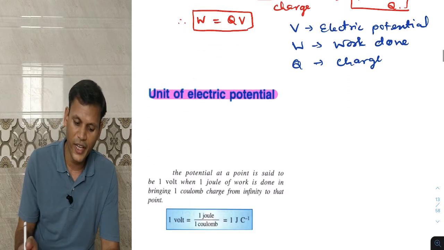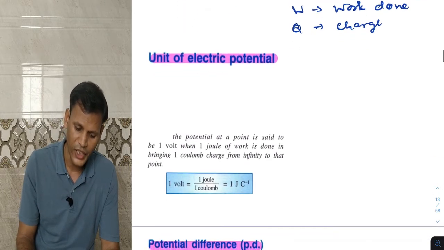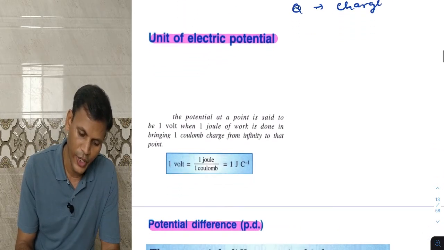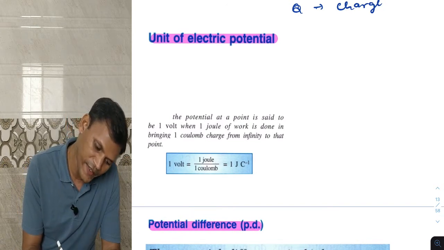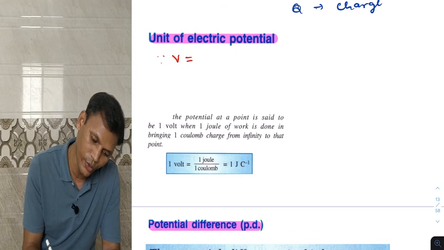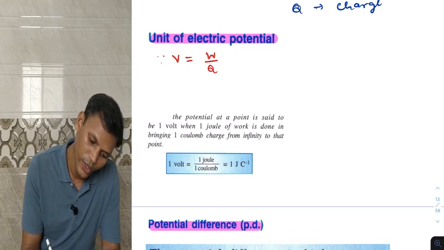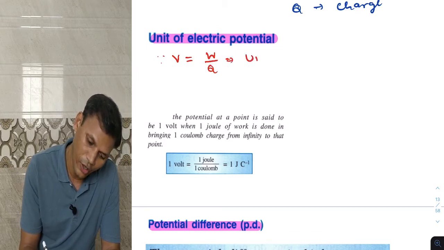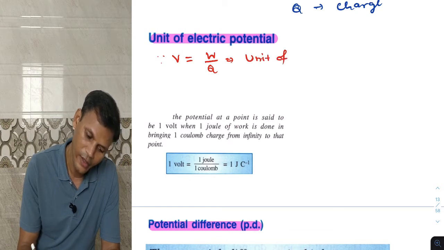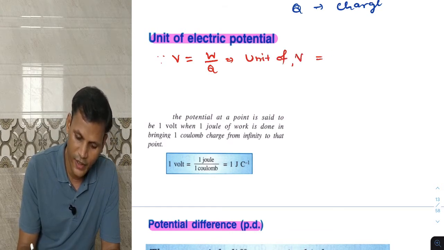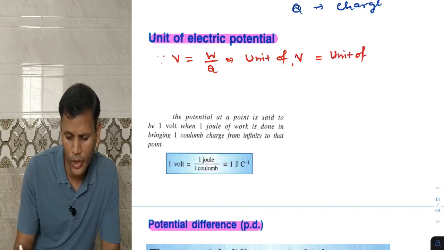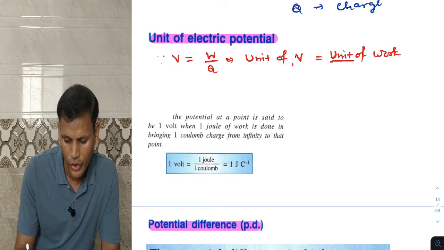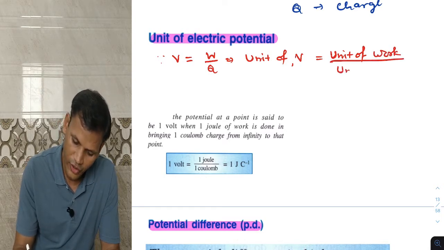Now, the unit of electric potential. We know the formula for electric potential: V is equal to W by Q. So the unit of V, that is potential, is equal to the unit of work done upon the unit of charge.